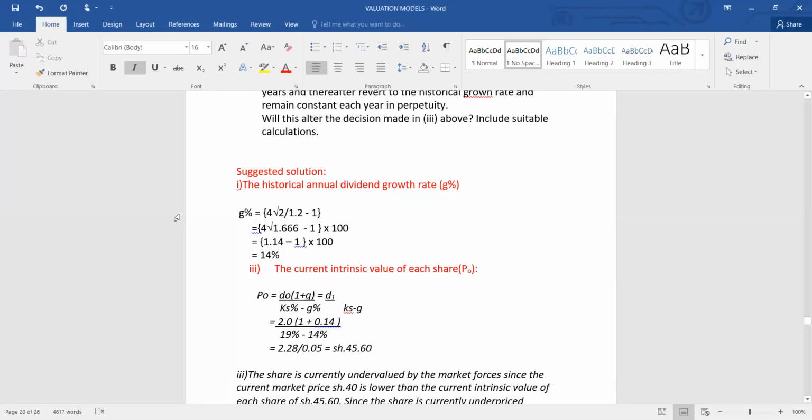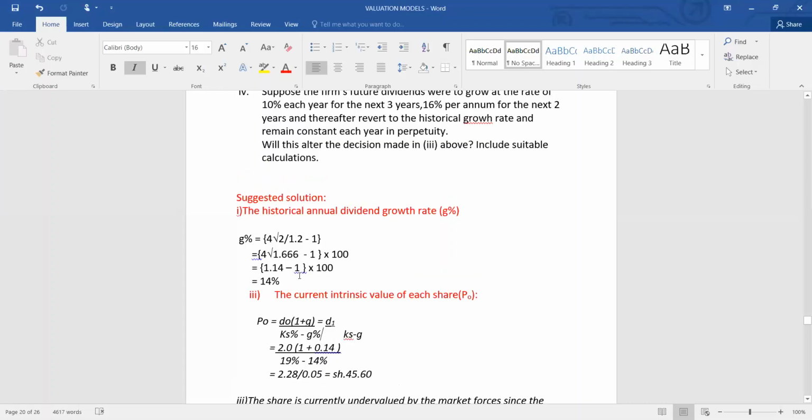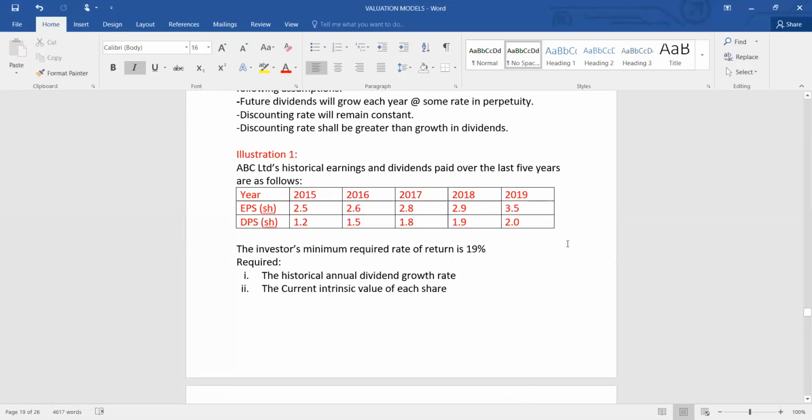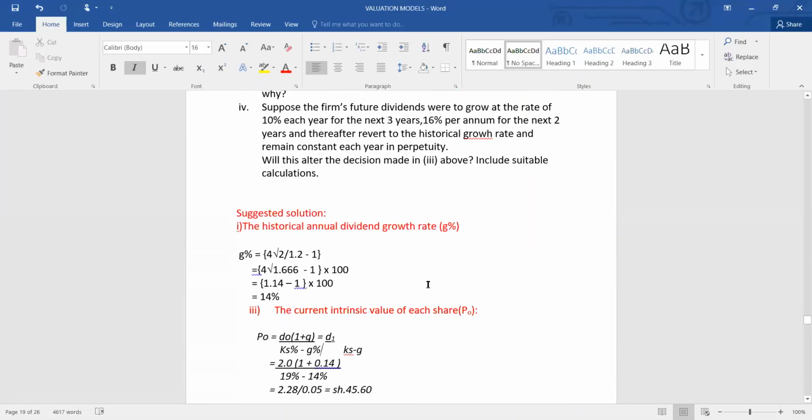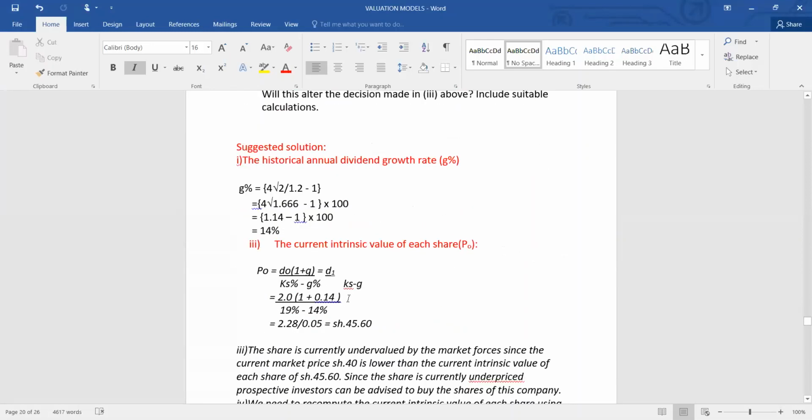If it is 10% minus 5%, that is 5%, 0.05. So from the historical data, you pick the most recent dividend. D0, the most recent dividend, is 2 shillings. So you pick the current dividend 2, which is expected to grow at 14%, divided by the discounting rate 19% minus 14.